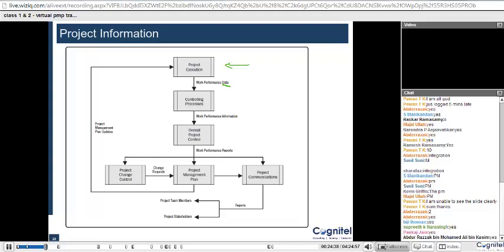We call it work performance data, which would be used as an input by controlling processes, and the output given by the controlling processes would be work performance information.